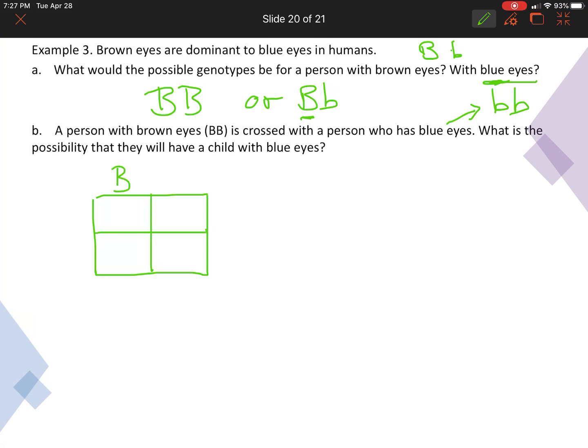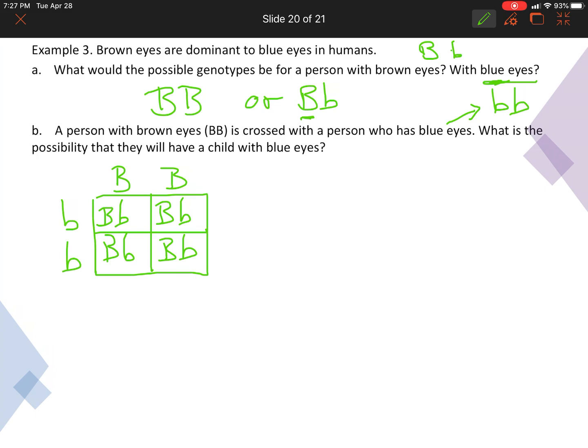Put the homozygous dominant person on top, blue eyes, homozygous recessive, and now we just do the cross. And from this, what is the possibility that they have a child with blue eyes?